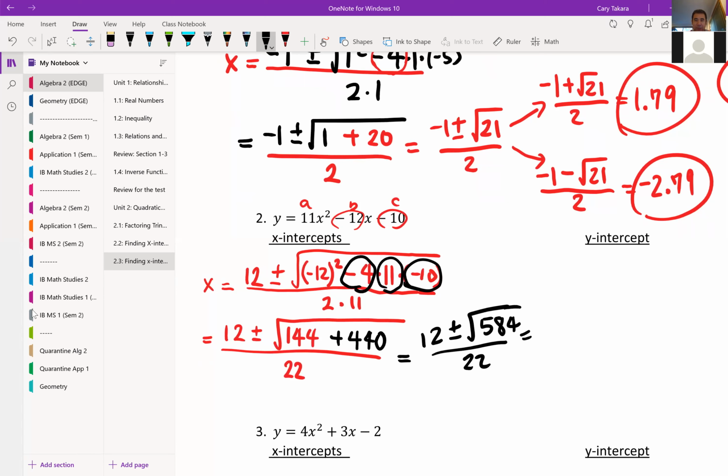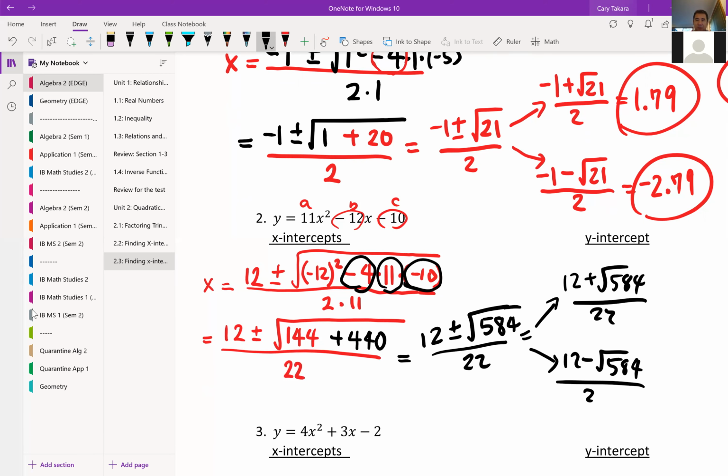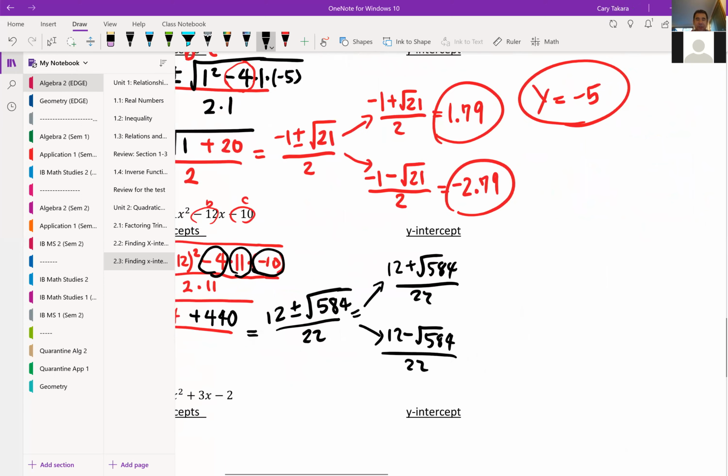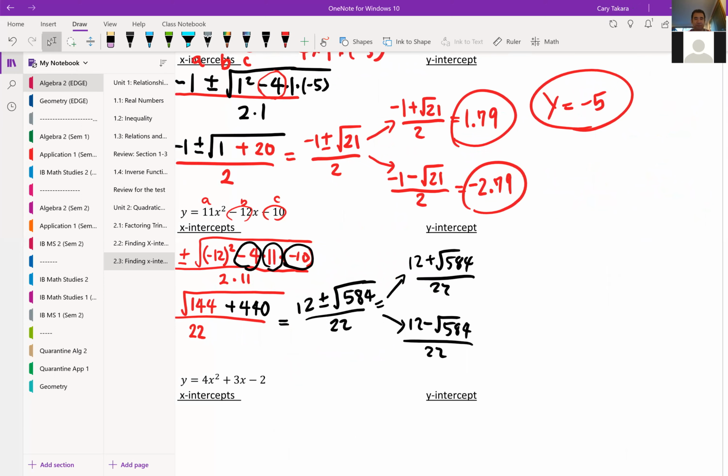And then we're going to split. It's 12 plus square root of 584 over 22. And the other one is 12 minus square root of 584 over 22. Let's figure out 12 plus, divide by 22.